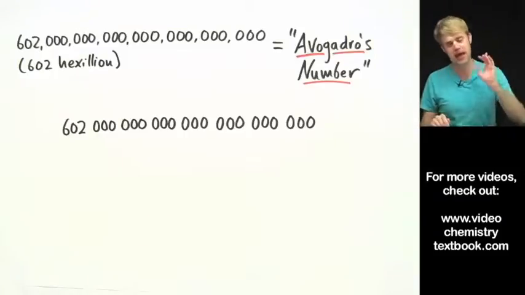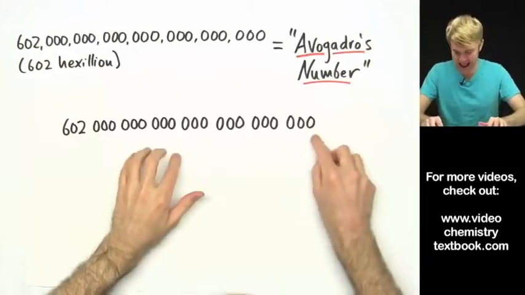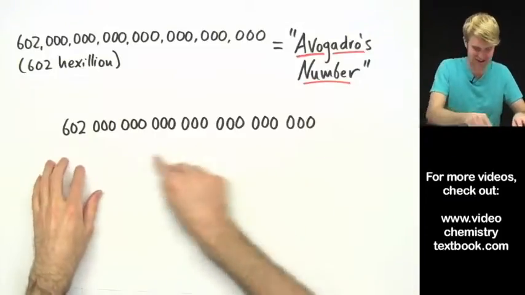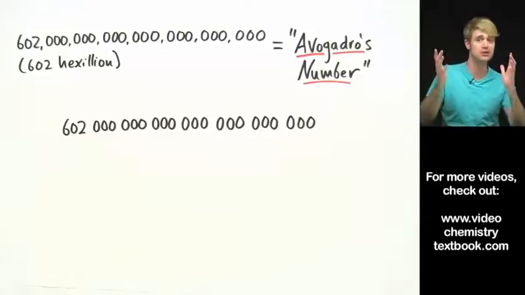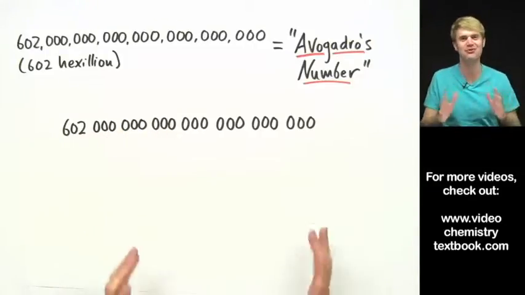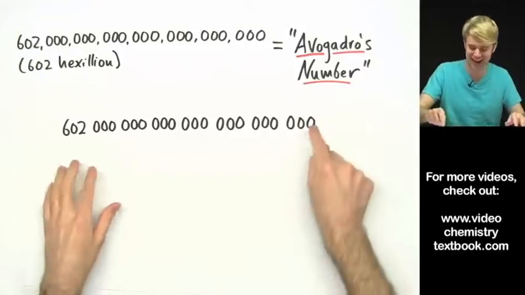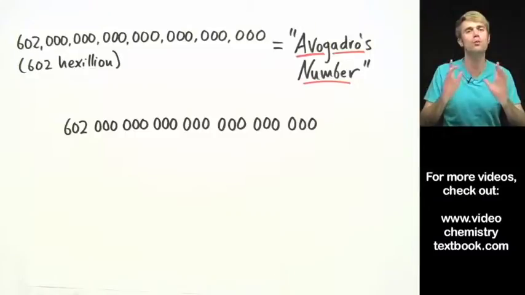Think about what a pain it is to deal with this number, right? If you're doing math by hand, you gotta write this out and do your multiplication and division with 21 zeros. Even if you're using a calculator, you gotta type in all these zeros and make sure you have the right amount. And then when you get your answer, you gotta go back and count how many zeros your answer has. It's a total pain.